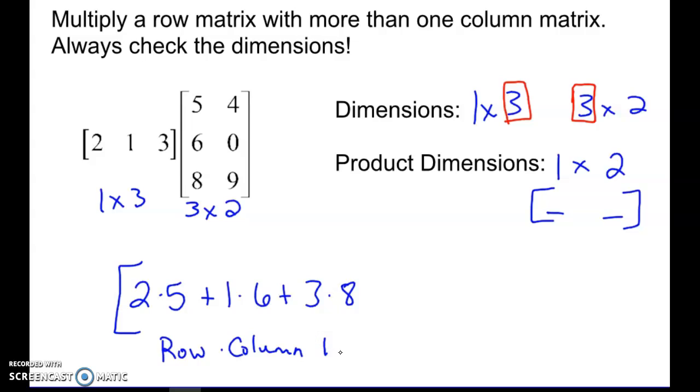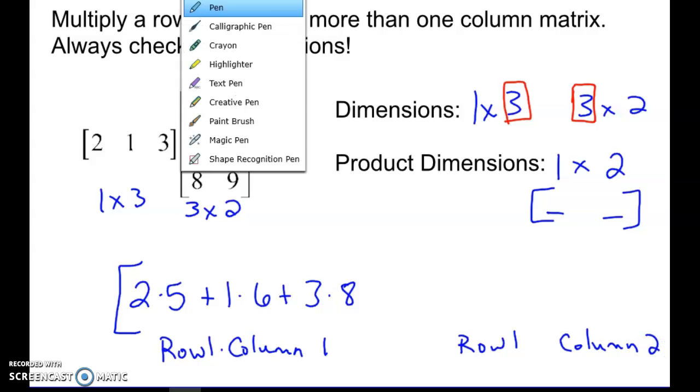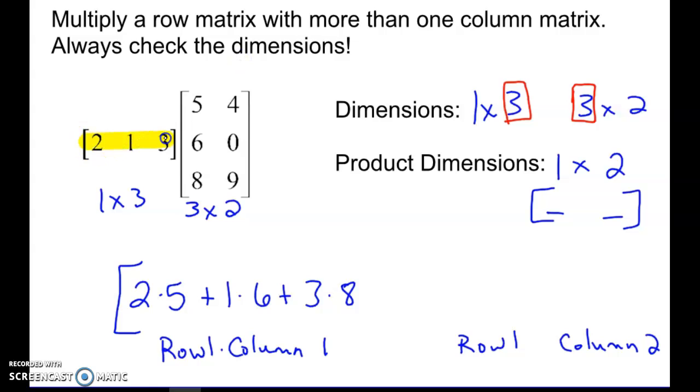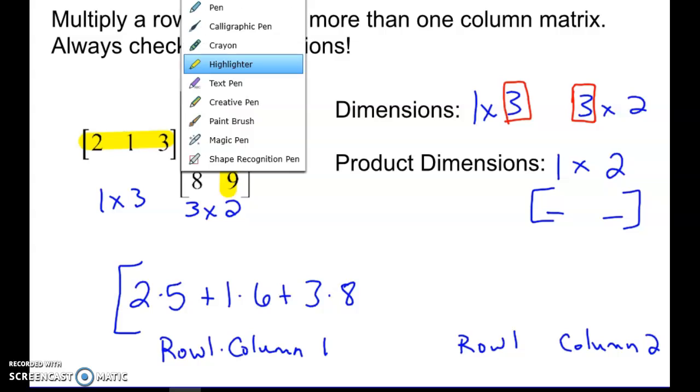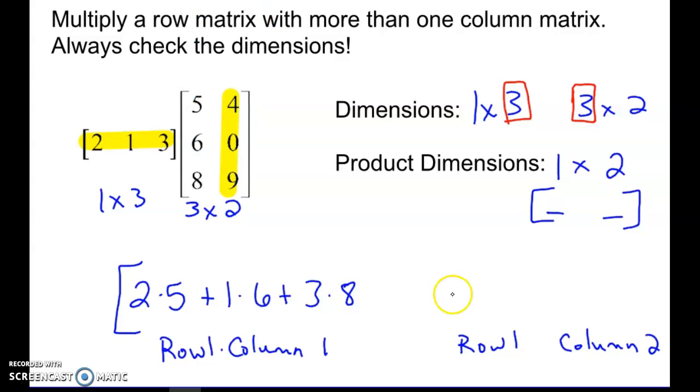Now for the second number, we're going to take the first row times the second column. So now we're taking 2, 1, and 3 times 4, 0, and 9. It's going to look like this: 2 times 4 plus 1 times 0 plus 3 times 9.